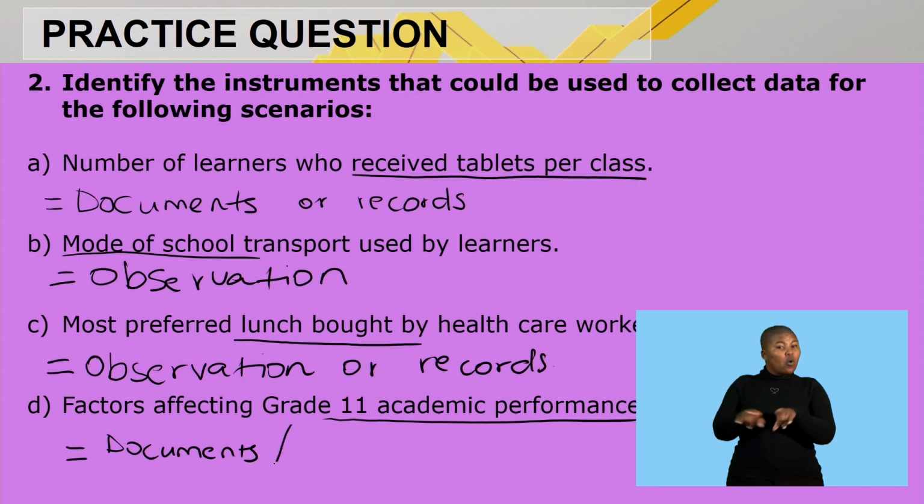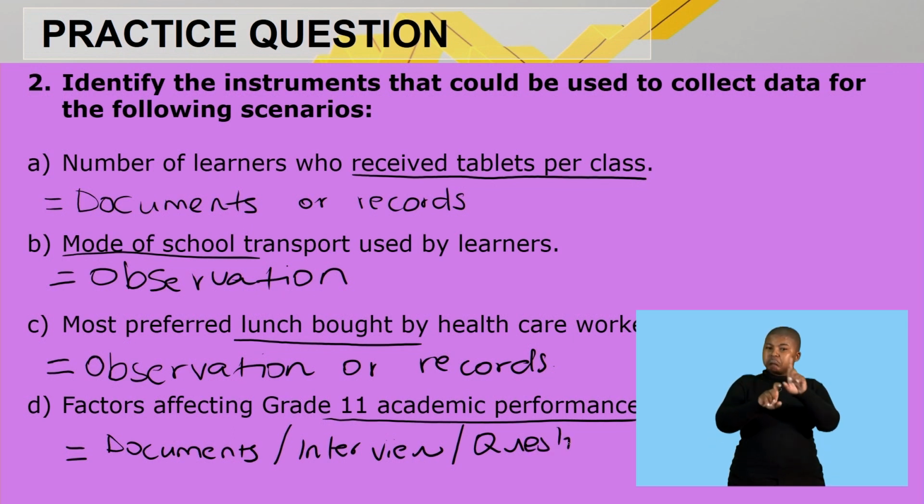We can also do an interview, either individual or focus group, or we can use a questionnaire, whereby the learners answer and give responses to educators or heads of departments about the factors affecting their performance. Remember, there are many data collection instruments that we have mentioned, as long as you choose the one relevant to the given context you are dealing with at that particular moment.